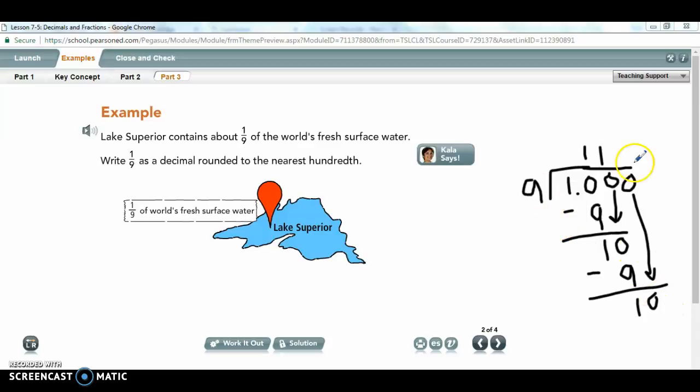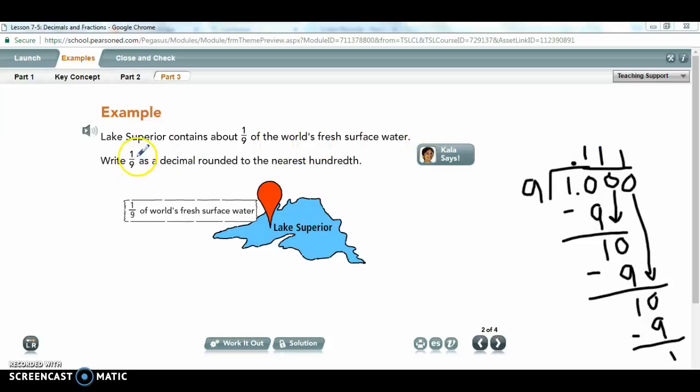Again, 9 can go into 10 one time, which would give me 9. Subtract 1. As you can see, this pattern will keep going and going. My decimal point goes straight up in my answer, and I'm going to have 0.111111. It will never ever stop.